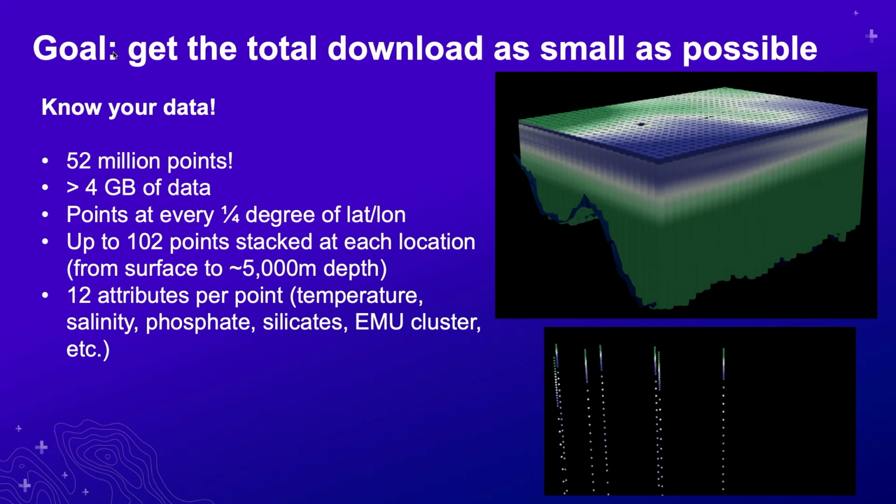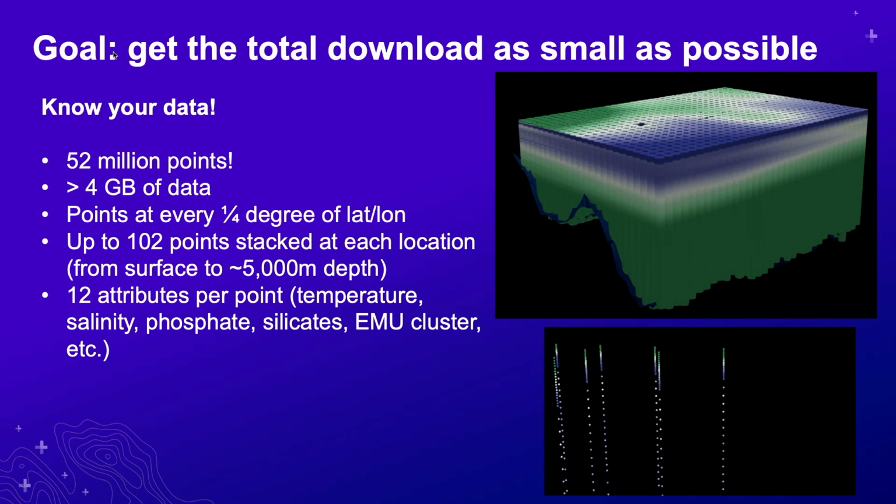So just to let you know how big this data is, it's 52 million points, more than 4 gigabytes worth of data. The way it was created was it basically came from a grid where the resolution of the cells was every quarter degree of latitude and longitude throughout the world's oceans. And there were z-values involved, so up to 102 different depth levels depending on where you are in the ocean.